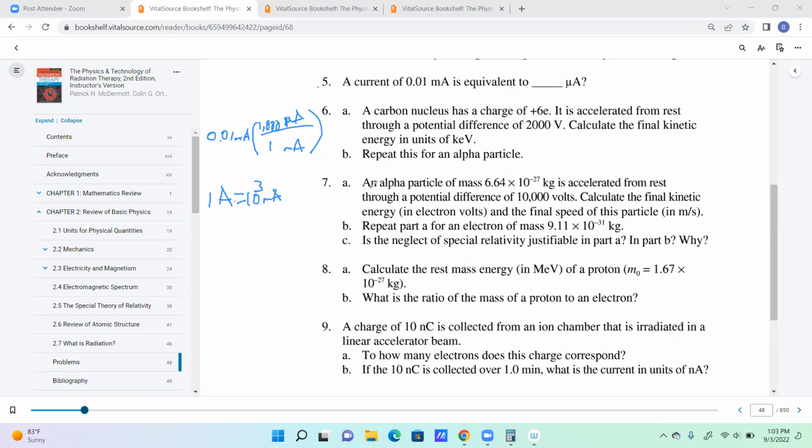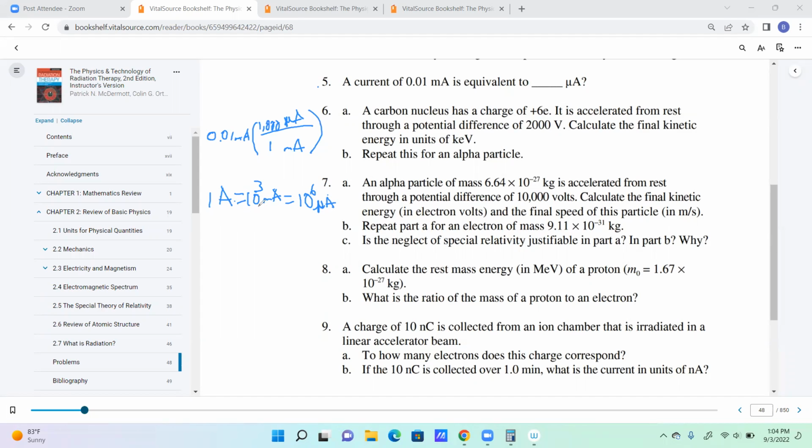Because a milliamp is going to be taking whatever the basic unit is and dividing it into 1,000 parts. We also know that when it comes to microamps, it's the same thing as saying 10 to the 6 microamps, because you're basically dividing it into a million pieces.